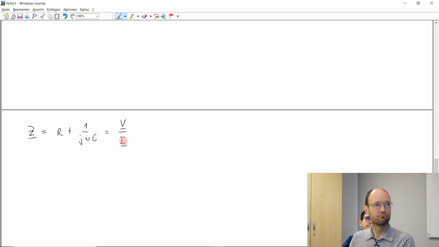And so if the current is constant, for example, then the voltage and the impedance will be the same. If we set the current to 1 ampere, then the number of the impedance should be the same number as of the voltage. They should have the same value, right?